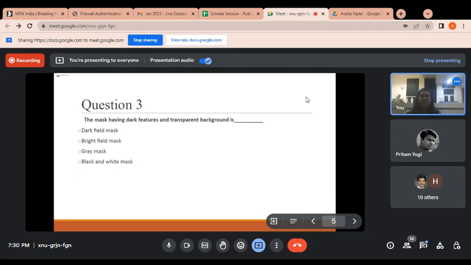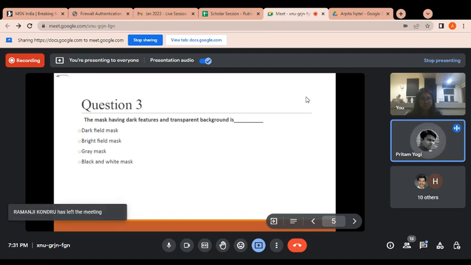Okay. And what is the basic difference between the dark field mask and this bright field mask? They are opposite. In the bright field, the structures are dark. The light is not passing through the structures that are patterned on the mask. And in the dark field, the field is dark and, suppose we want to pattern a square, the light will pass through that square.